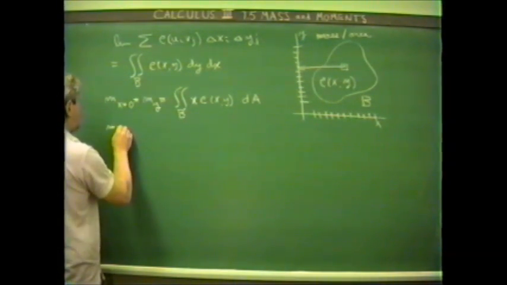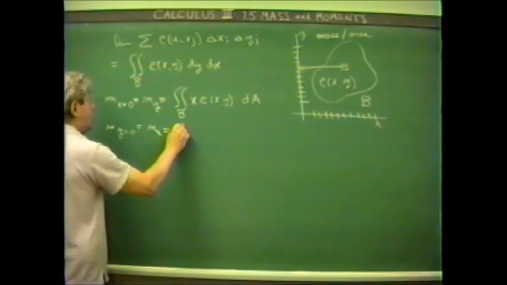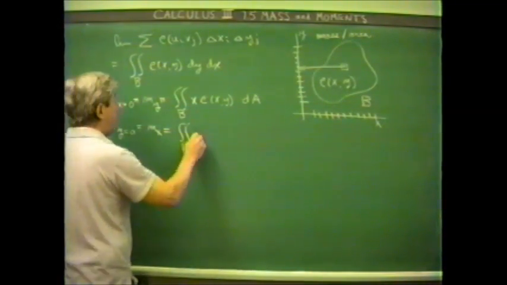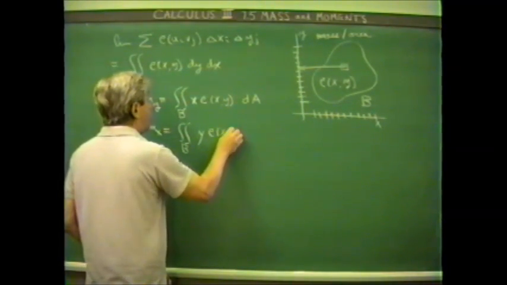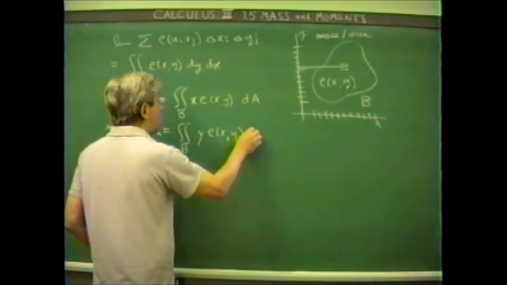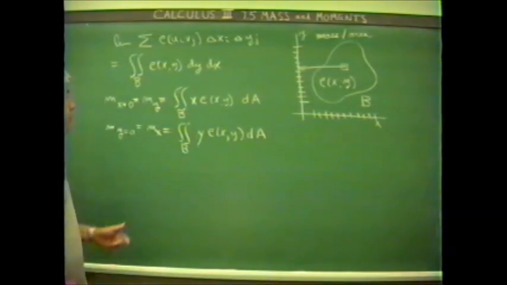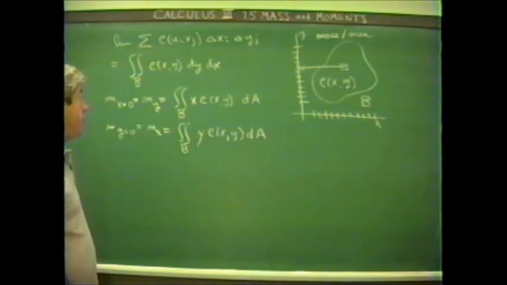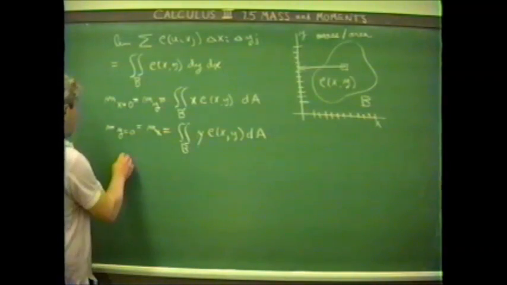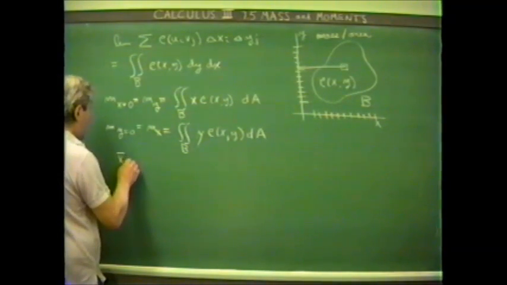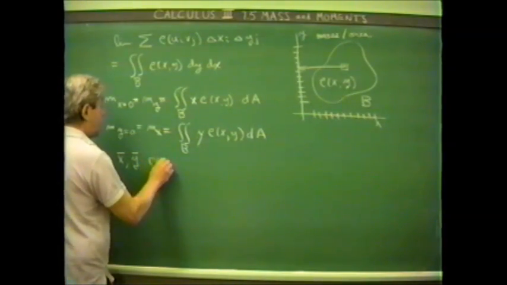The moment about the x-axis, or y equals 0, is given by the double integral over B of y rho of x and y with respect to area. And now, just as before in the calculus 1 applications of moments, we can get the point x bar, y bar, which is called the center of gravity.